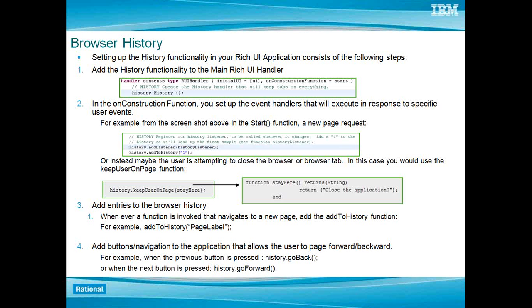In the same way, if a user is going to close the browser window or closing the tab of the browser, then we can use a keep user on page function, and then we can specify a function that will be executed whenever a user is closing the browser or closing the tab.